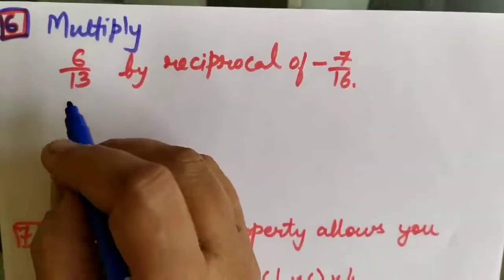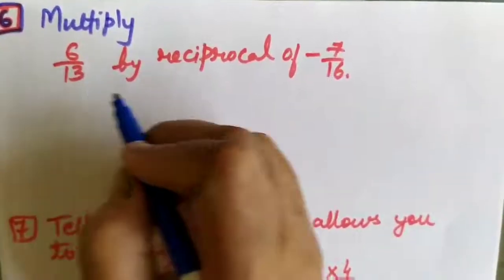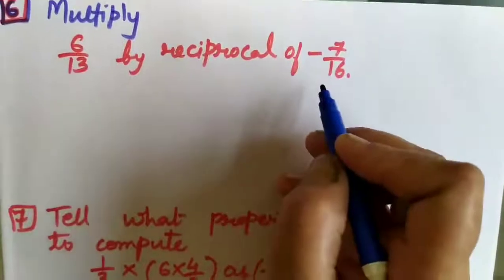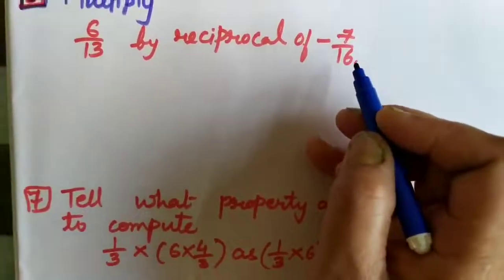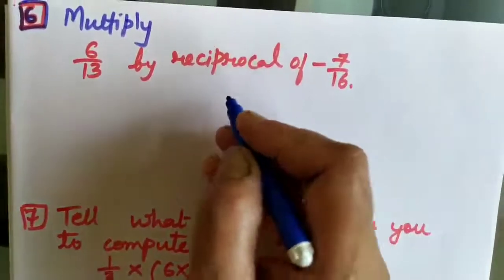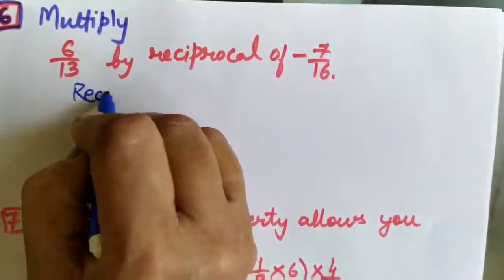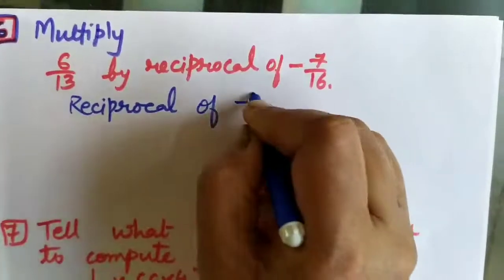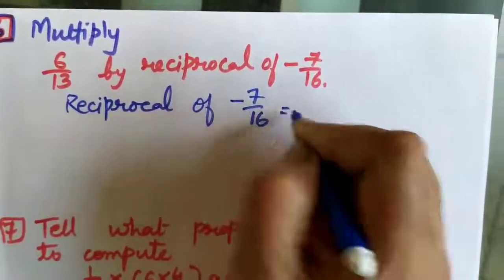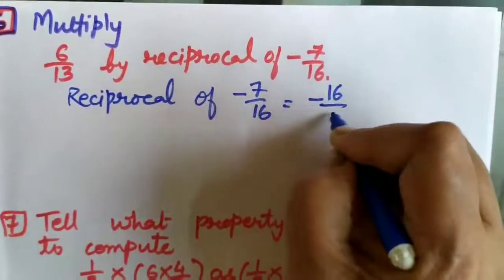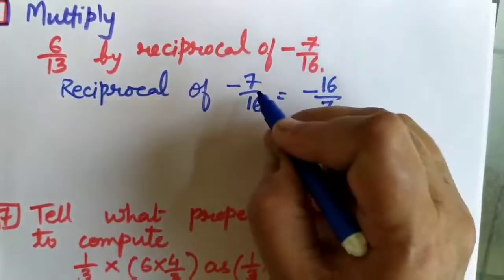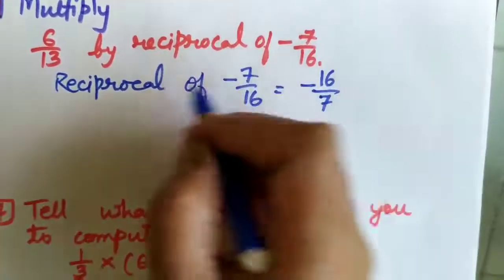Now question number 6. Multiply 6 upon 13 by the reciprocal of minus 7 upon 16. Now reciprocal means numerator becomes denominator, denominator becomes numerator. First we have to find the reciprocal of minus 7 upon 16, equal to minus 16 upon 7. 16 will go up, 7 will go down. Now we have to multiply.